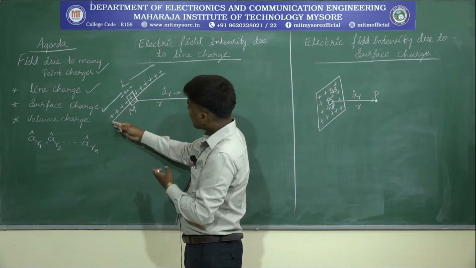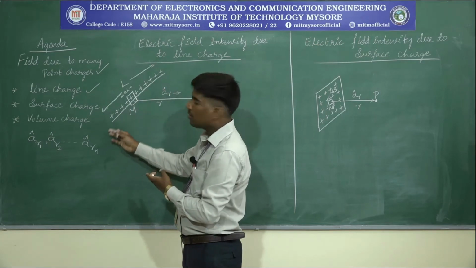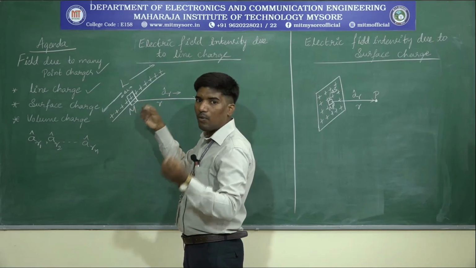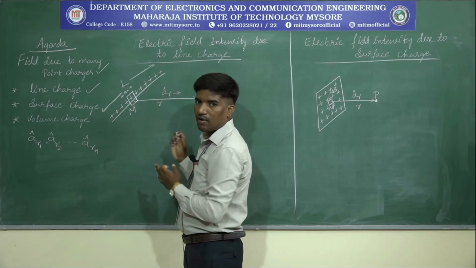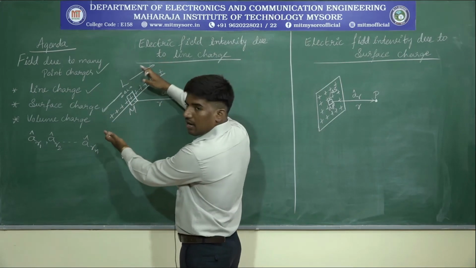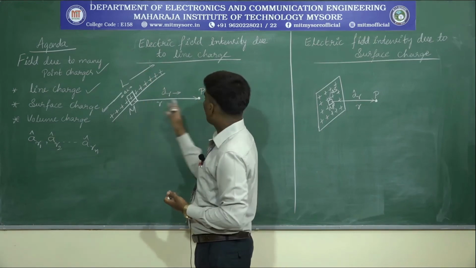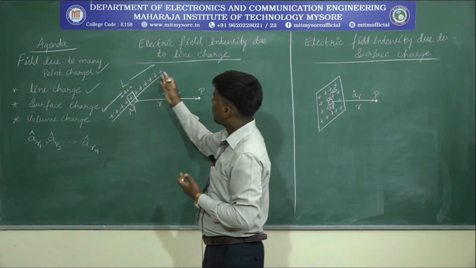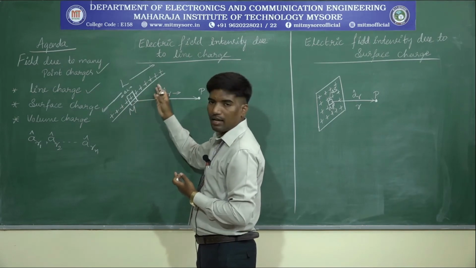Electric charges are distributed in a linear fashion on a charged wire. Let us consider a charged wire where the electric charges are arranged in this linear fashion, and the length of this wire is L. Out of this length L, we need to calculate the electric field intensity at point P, which is contributed by all the charges along this line L.